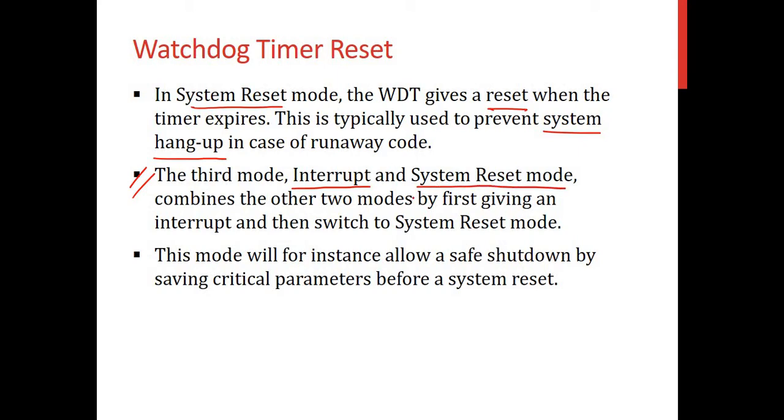Because like I said earlier, in some embedded applications such as safety critical, or where there's some danger involved, you may want to put the device into a safe state before you do a shutdown. In that case, the interrupt helps me to potentially execute some code that can allow me to put the system in the safe mode.